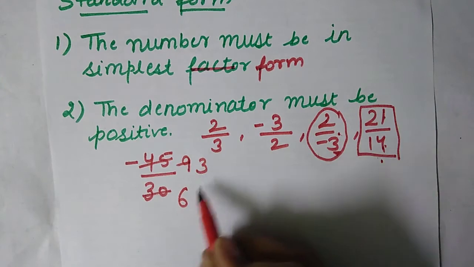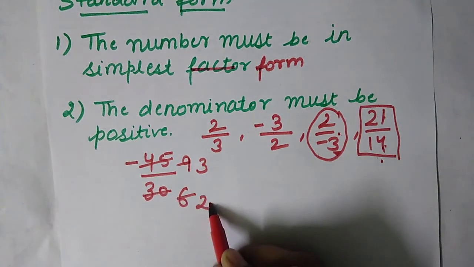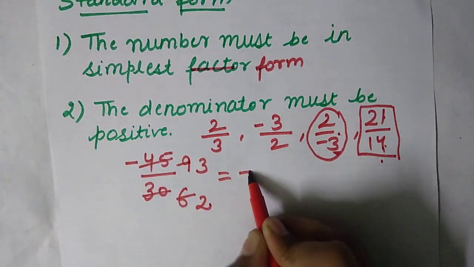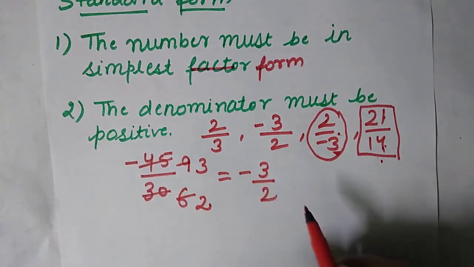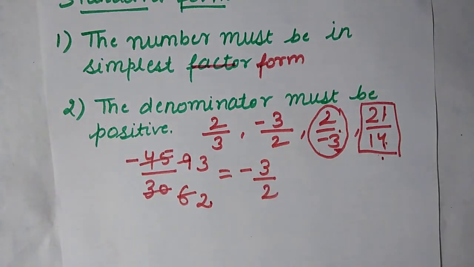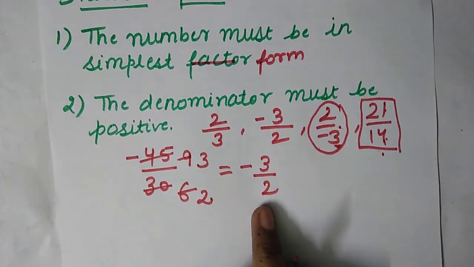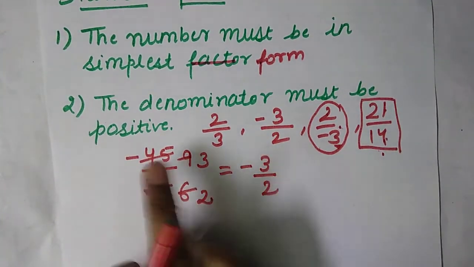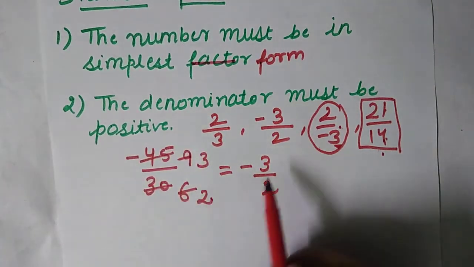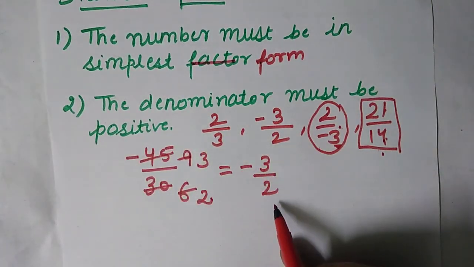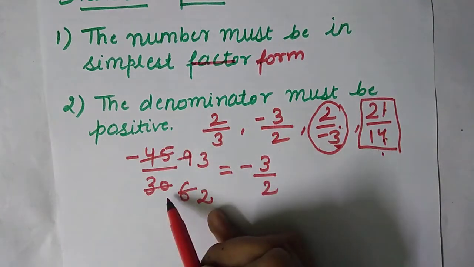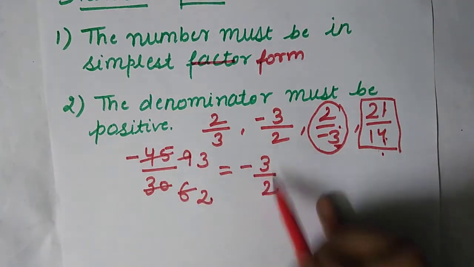So 3 threes are 9 and 3 twos are 6. So the standard form is minus 3 by 2. We have to convert the number to simplest form if not given. This is the first condition. So the simplest form of this rational number, or you can say the standard form, is minus 3 by 2.